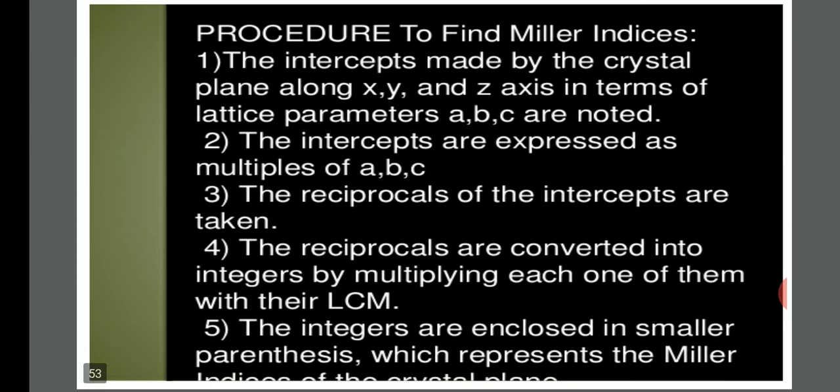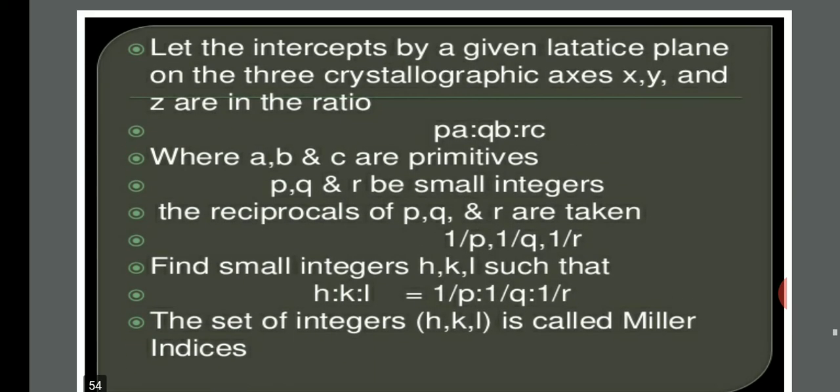Fourth, the reciprocals are converted into integers by multiplying each of them by their LCM. Fifth, the integers are enclosed in a small parenthesis, which represents the Miller indices of the crystal plane.